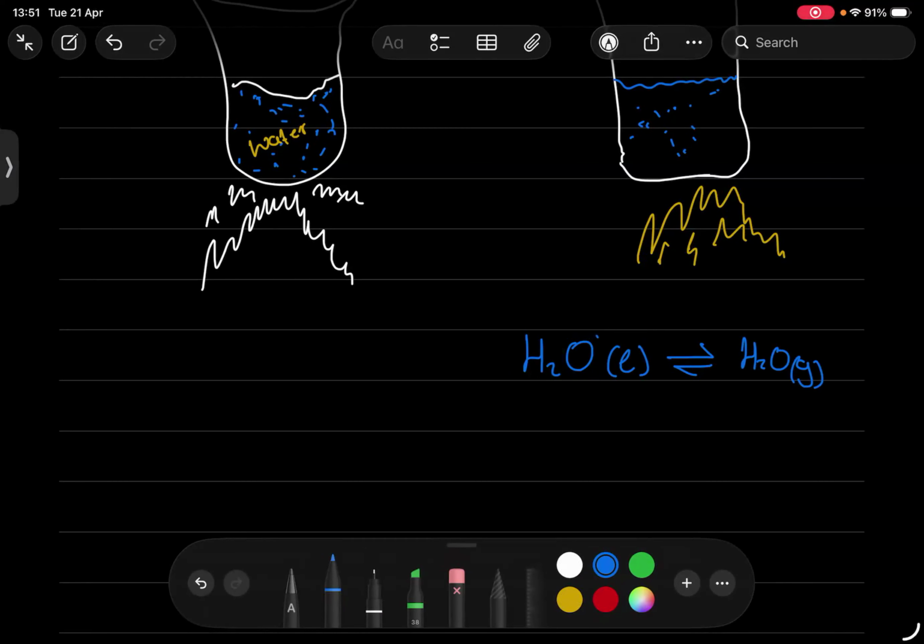It's going to change from liquid to gas and gas to liquid. Are we together? Liquid to gas, gas to liquid, liquid to gas, gas to liquid.